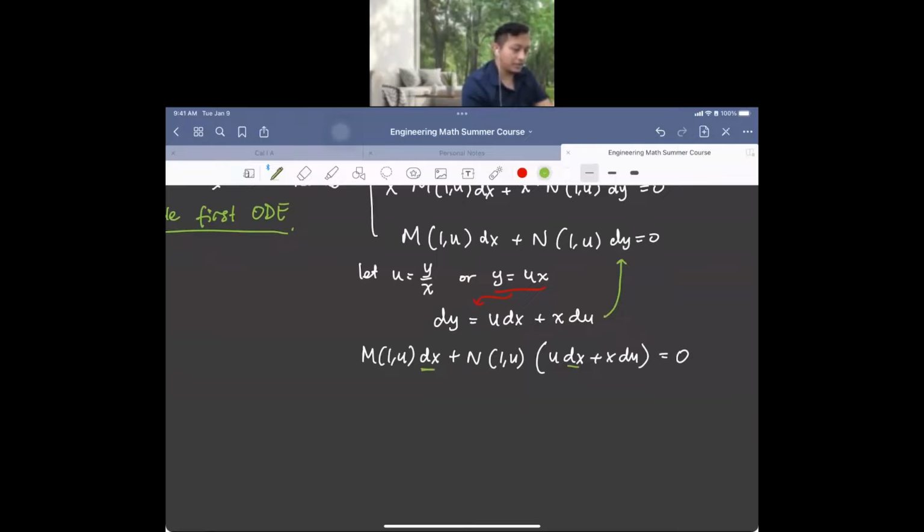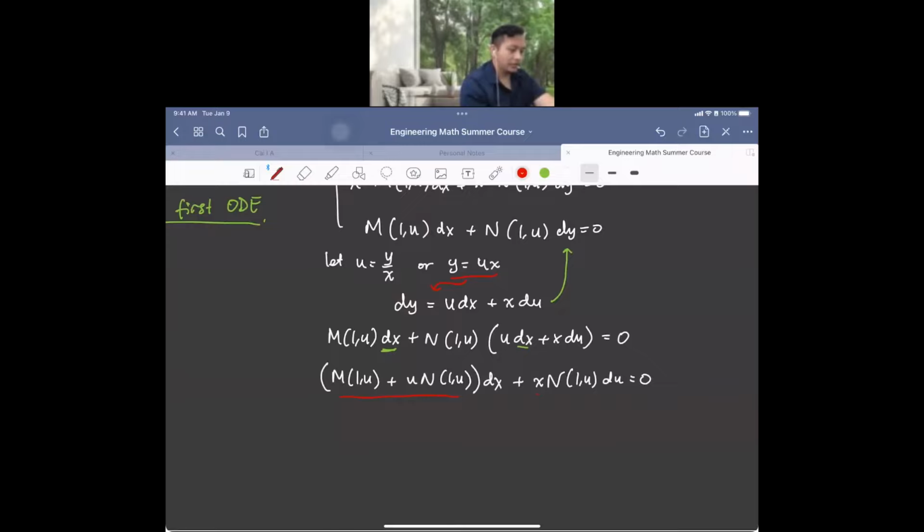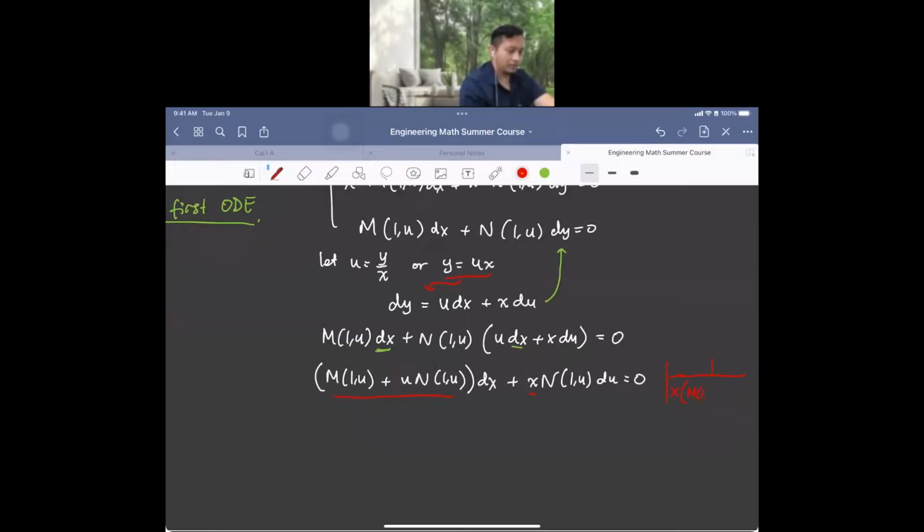Now combine the dx terms by grouping together: M plus uN of (1, u) dx, plus x N(1, u) du equals 0. Now we divide by x and by M(1, u) plus uN(1, u).